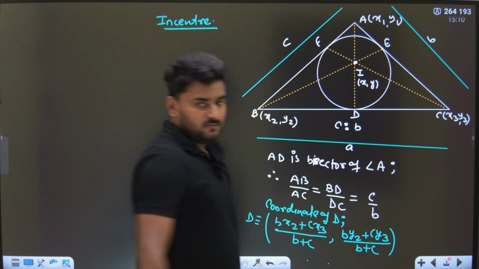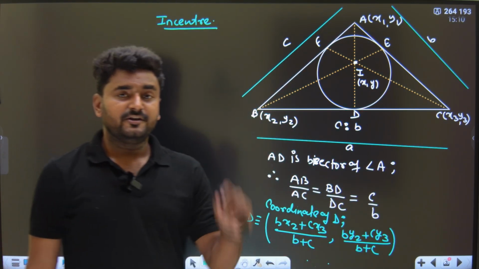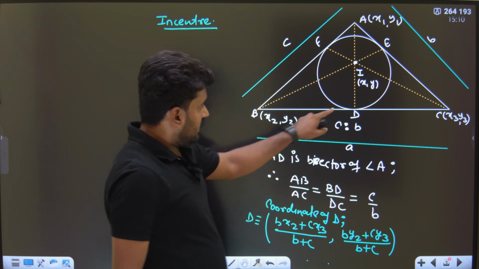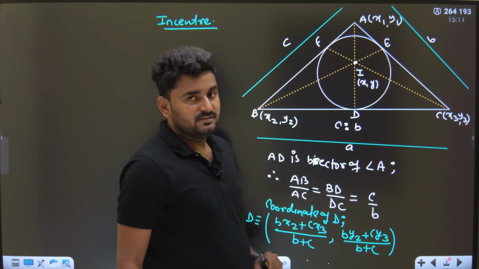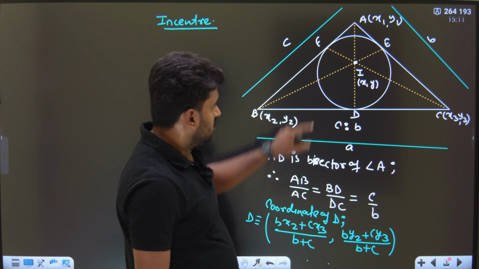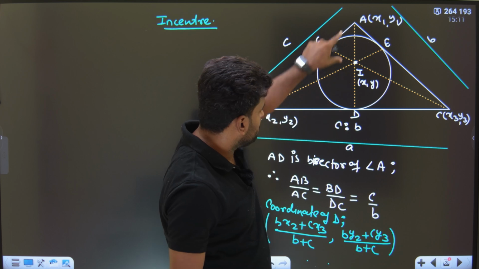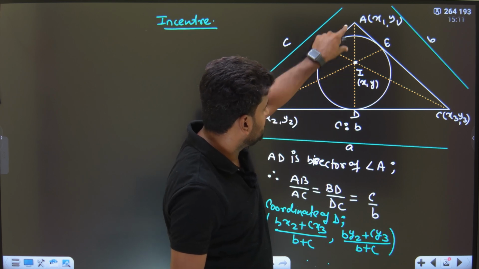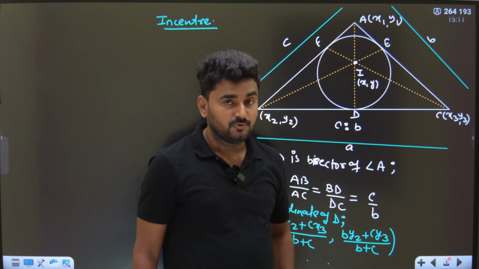Understand? So we got the coordinate of D, and now we will also try to find the ratio of DI and IA. How to get the ratio?